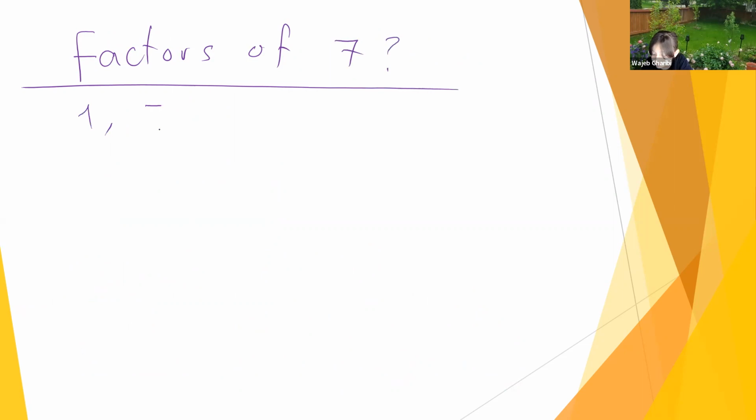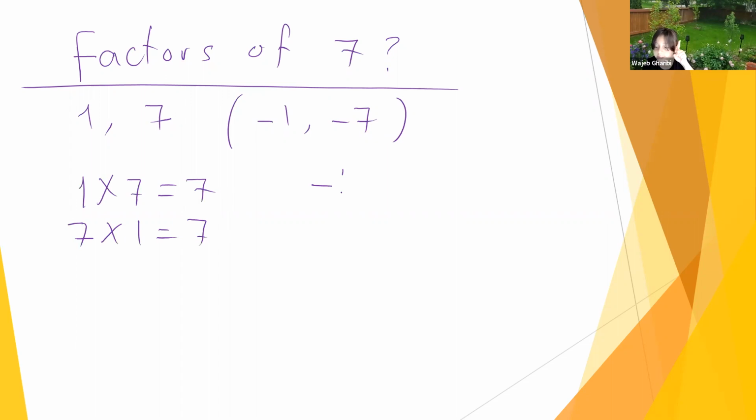So what are the factors of 7? 1 and 7, and also -1 and -7. Why? Because 1 times 7 equals 7 and 7 times 1 equals 7, and also -1 times -7 is 7, and -7 times -1 also 7.